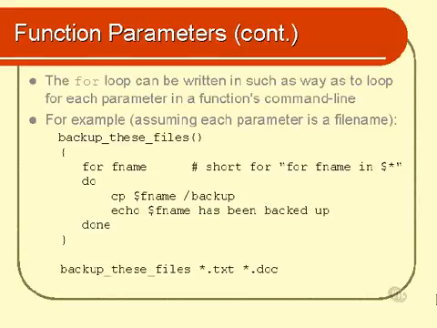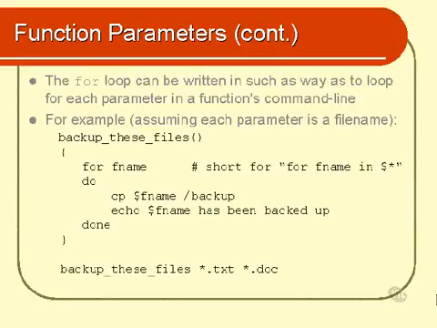Anyway, the key point about this is the very first line inside backup these files is for fname. Now remember, we're doing a for loop here, so what we expect to see is for fname in something. But the lovely shortcut that we have here is that we don't actually have to put in anything. We can just say for fname, and what it will do is it will loop through the code block, and each time fname will be assigned to the next command line parameter that the function received.